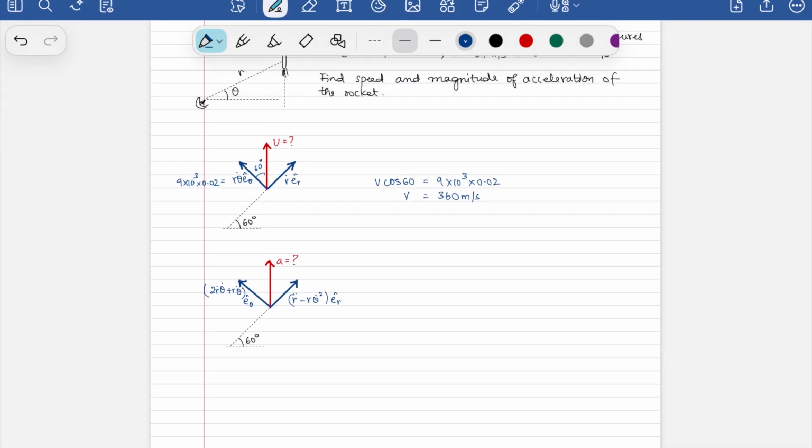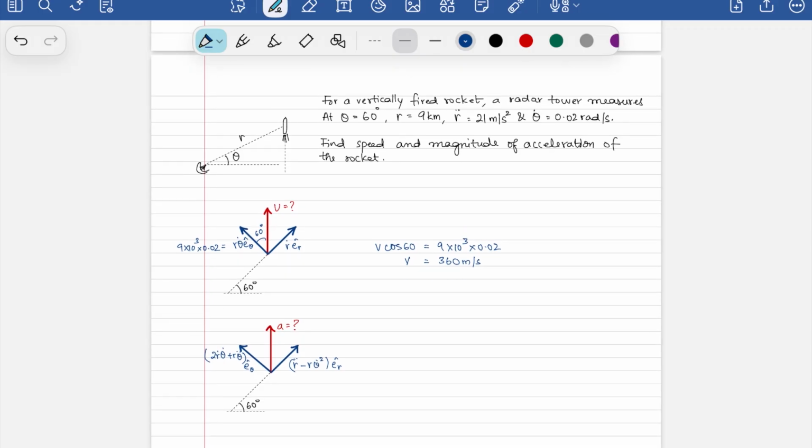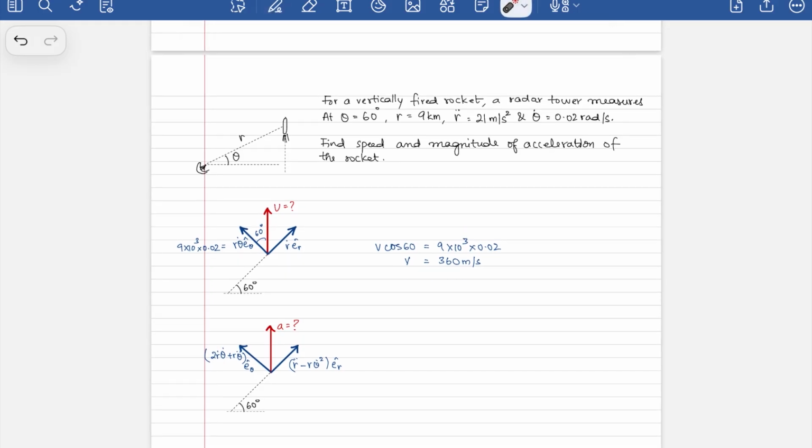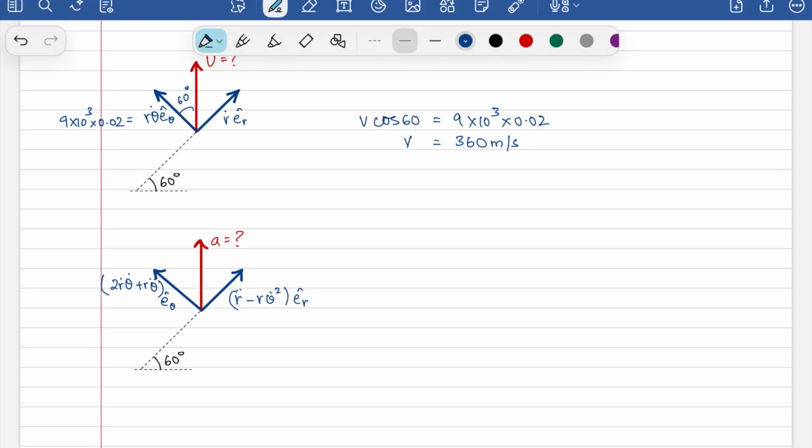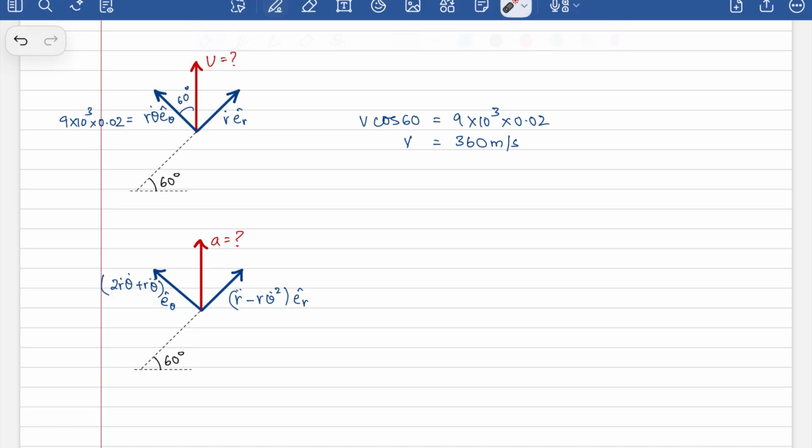Okay, let's look again at the problem. What components do we have? We have r double dot, we have r, and we have theta dot, which means then that we can obtain this entire magnitude, which is nice. Similar to what we had done earlier, this angle is 60 degrees, right?